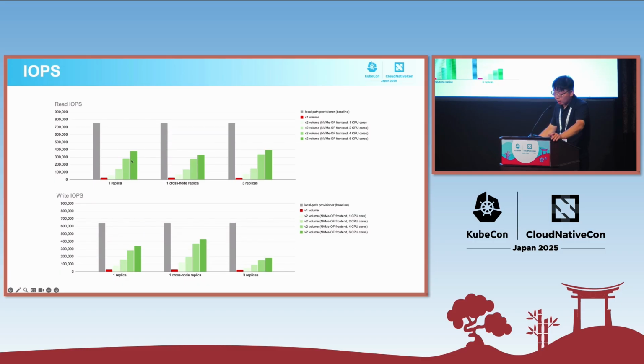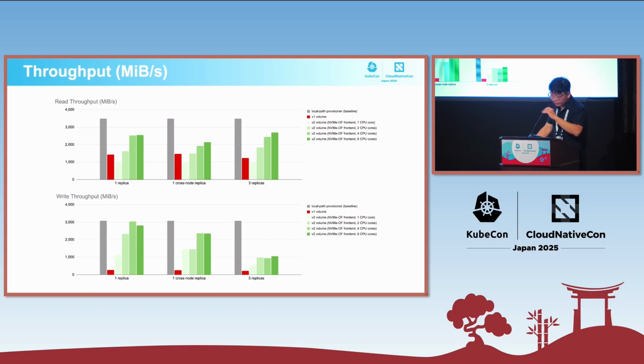So when you add more CPU cores to the V2 data engine, the read IOPS and write IOPS can be better. If you have more CPU, you can get good performance, but it means you need more CPUs. So this is a question. We will check this later. For the throughput, you can get a very similar result.